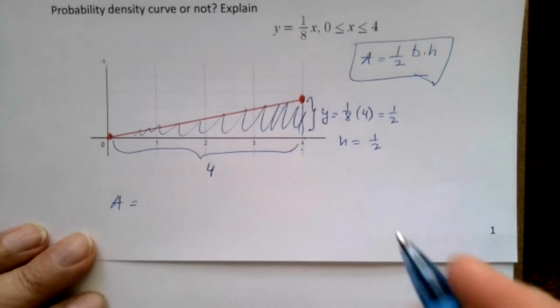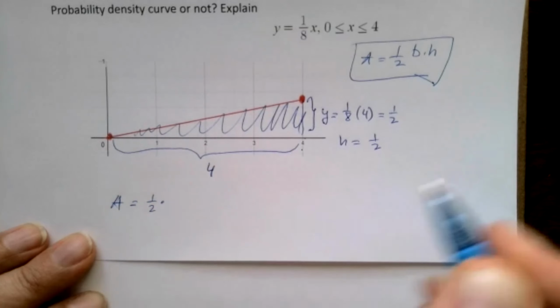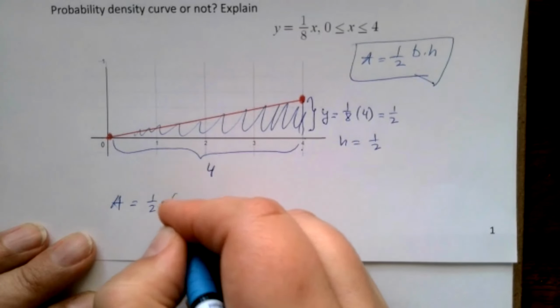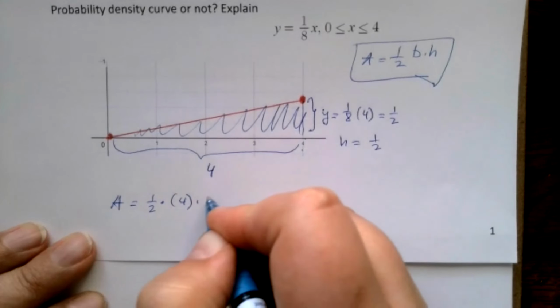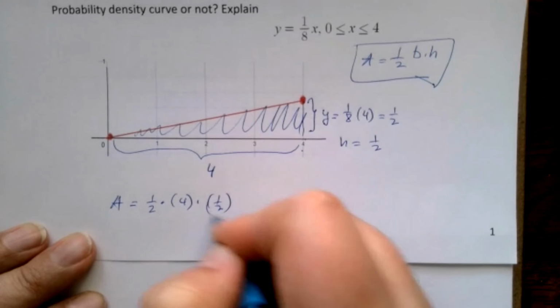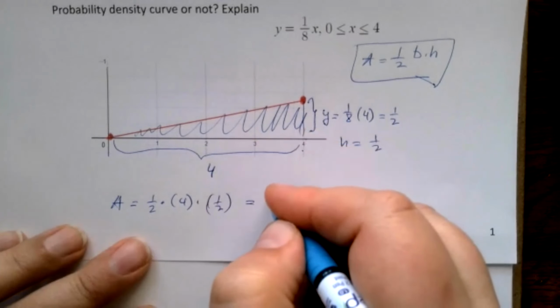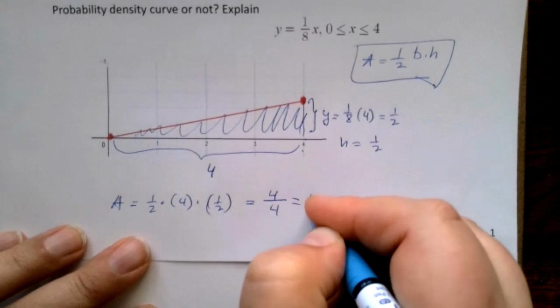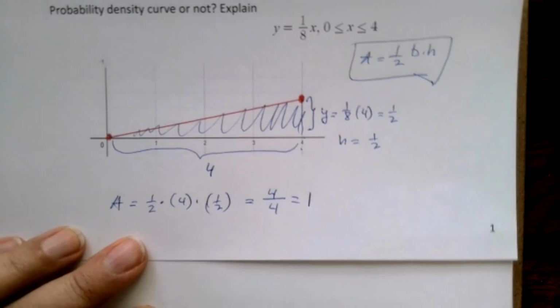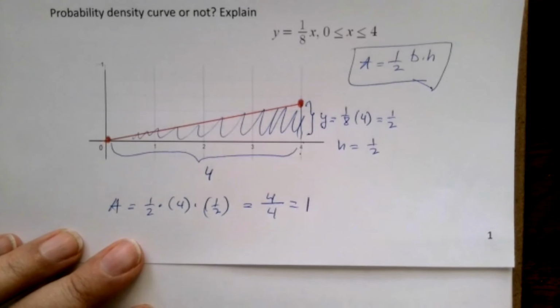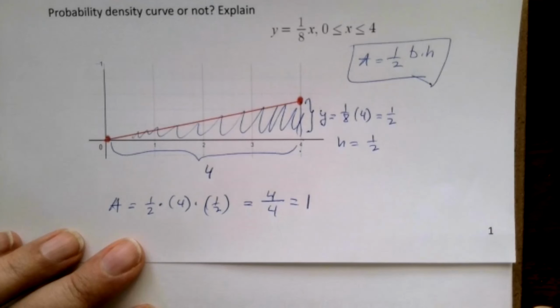The area of this triangle is going to be 1/2 times the base, which is 4, times the height, which is 1/2. So what do we have? When we multiply, we have 4 divided by 4, which is 1. So the answer is yes, this is a probability density curve. In the next video, we're going to review our probability rules and see how they apply to our probability density curves and continuous variables.